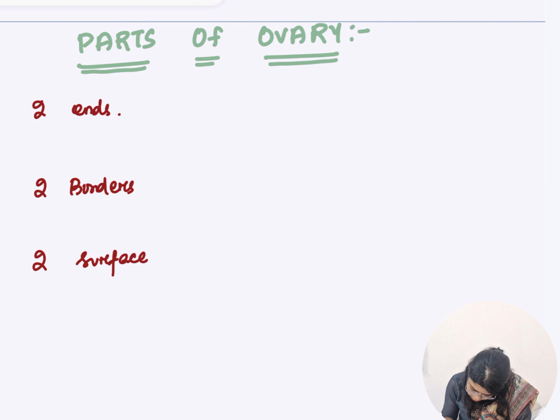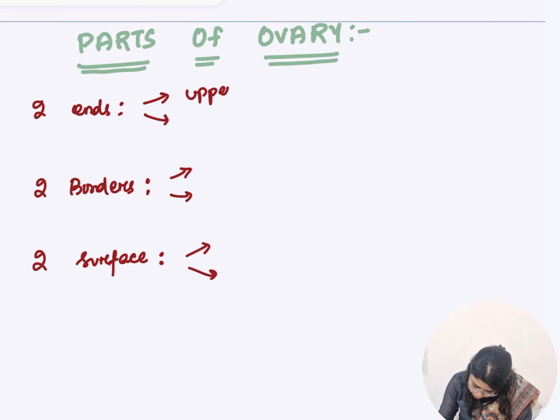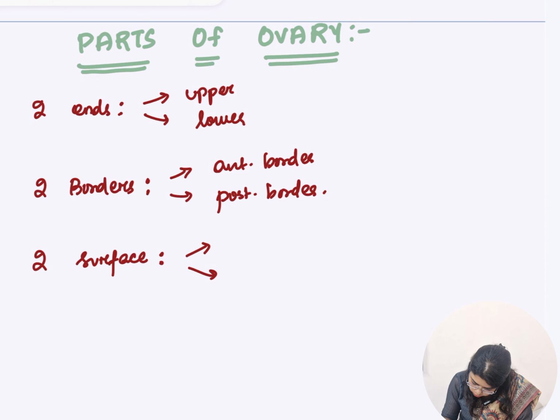I've explained it and shown you in the image. What are the two surfaces, the two borders, and the two ends? Upper pole and lower pole, anterior border and posterior border, and two surfaces, that is medial and lateral.